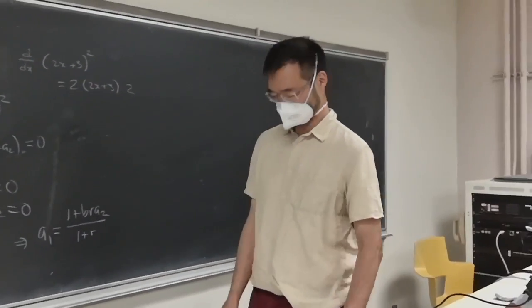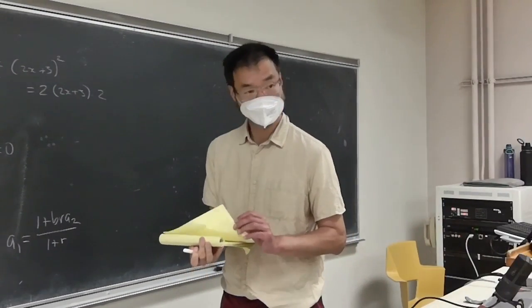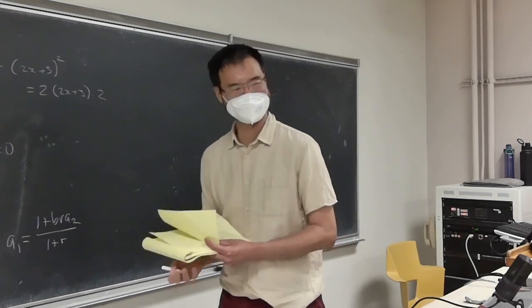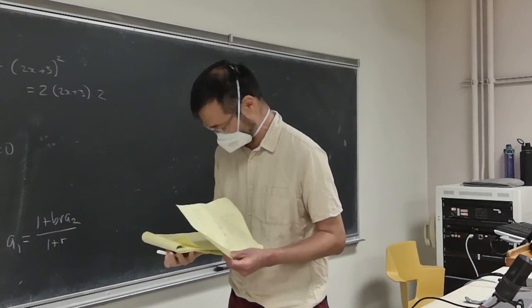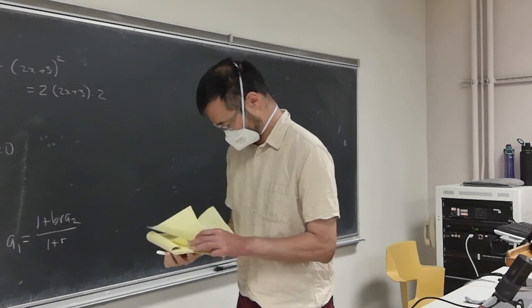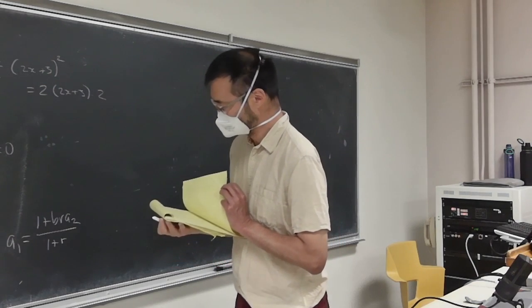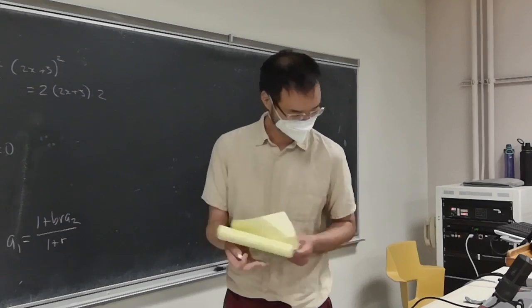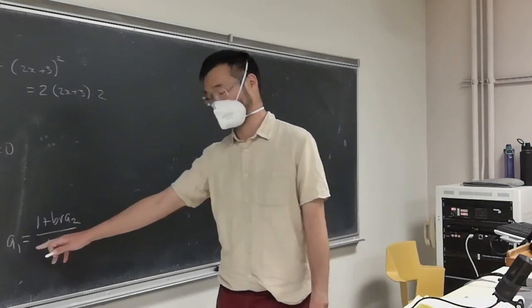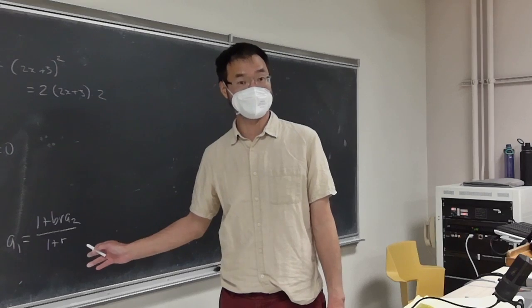I think it's right. You could also factor the 1 plus r. Okay, good, I think that's what I got. Okay, cool. This is the best response of A1 to A2, right?